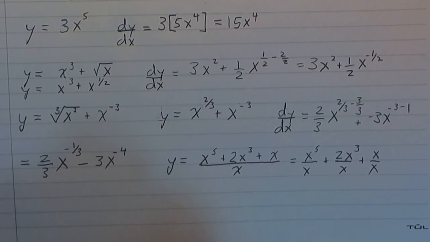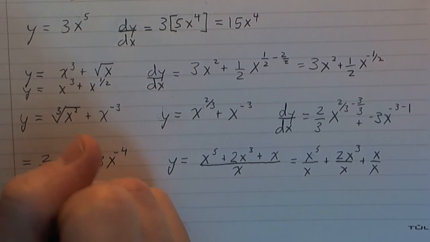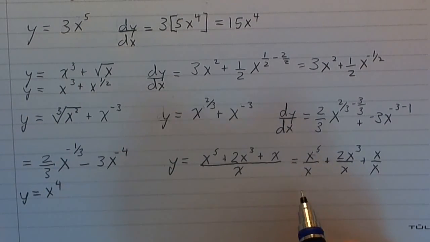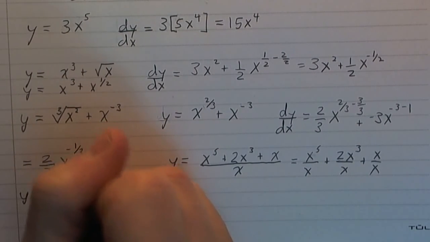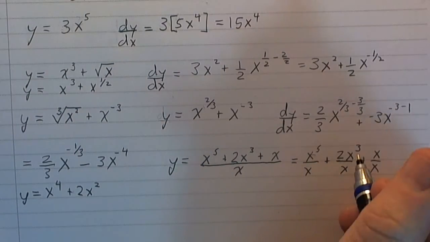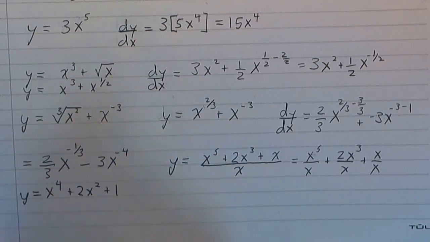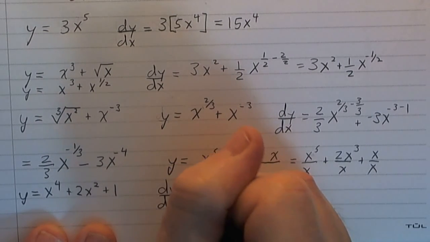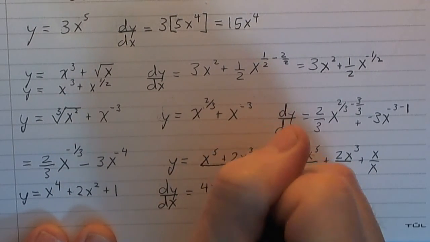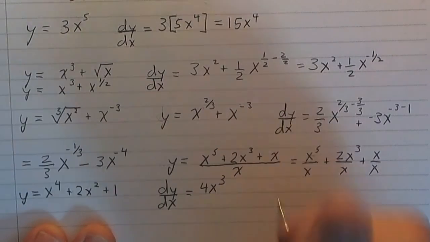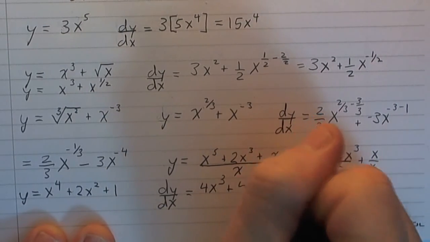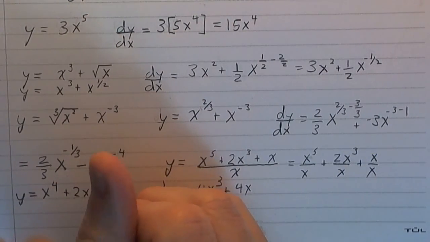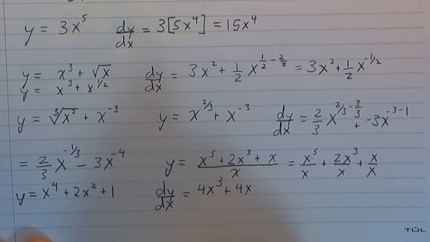Now this is something that we can handle, because now what we have is y equals x to the fourth, see, that first one, plus 2x squared, see that, 2x squared, plus 1. Now, this is no problem for us. dy dx would be equal to 4x cubed, see that first term, plus 4x, see the second term, and the derivative of 1, well, that's just 0, okay?